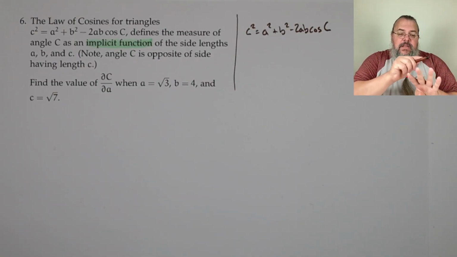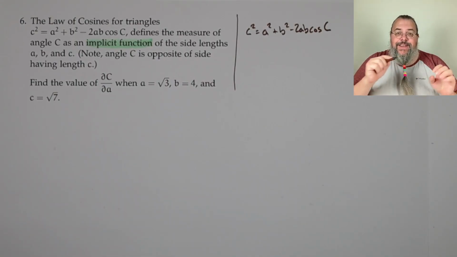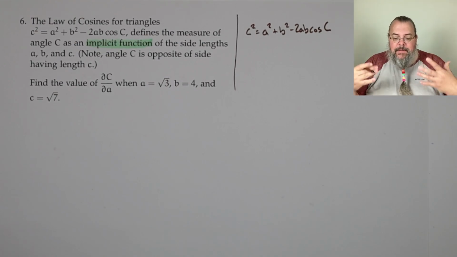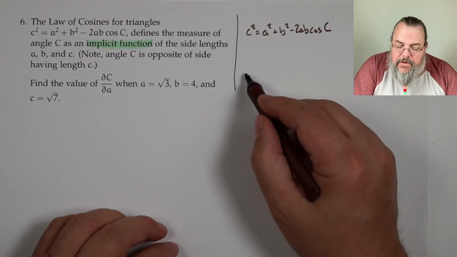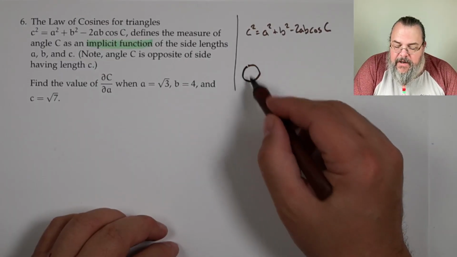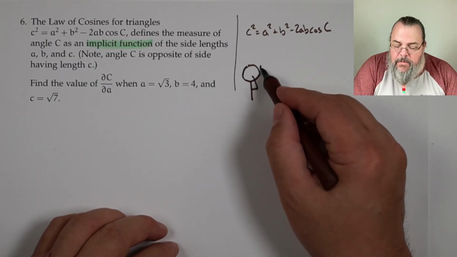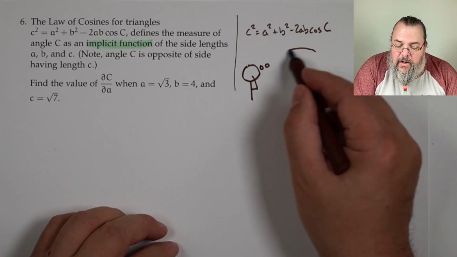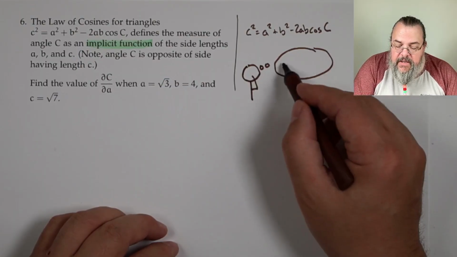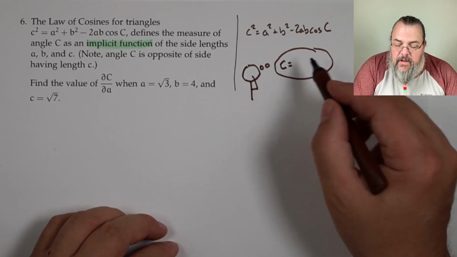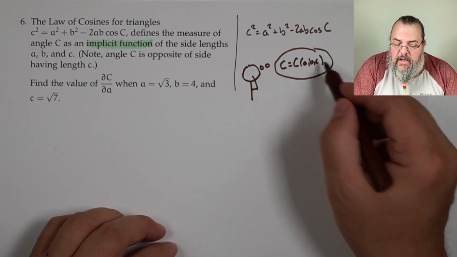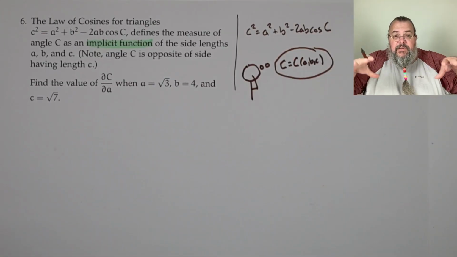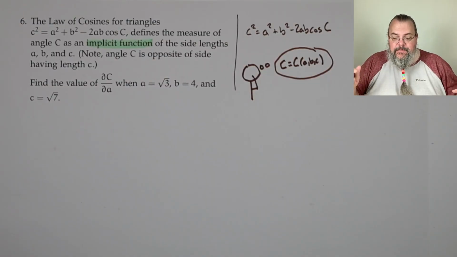Little a, little b, little c, big C. And so what happens is we're supposed to think the following, and we will to a degree, but we're going to even simplify it as we go on. So when we look at this, we say, oh, our big C is really a function of little a, little b, and little c. So I'm going to think of little a, little b, little c as being independent of each other.